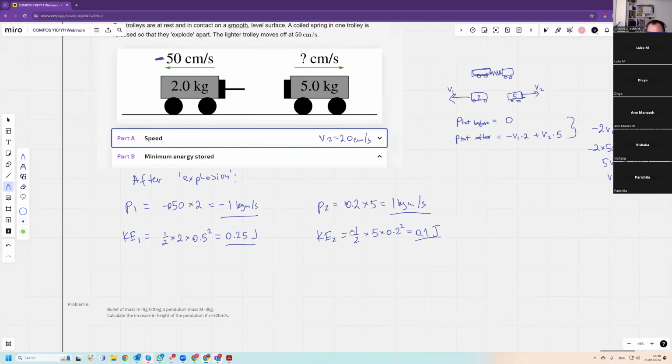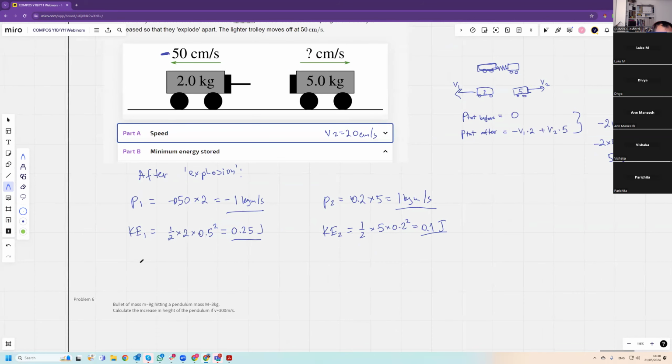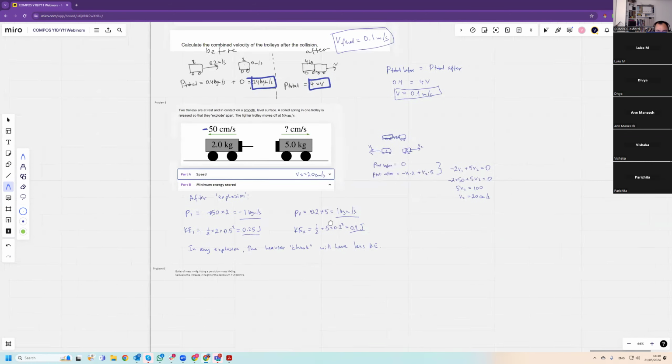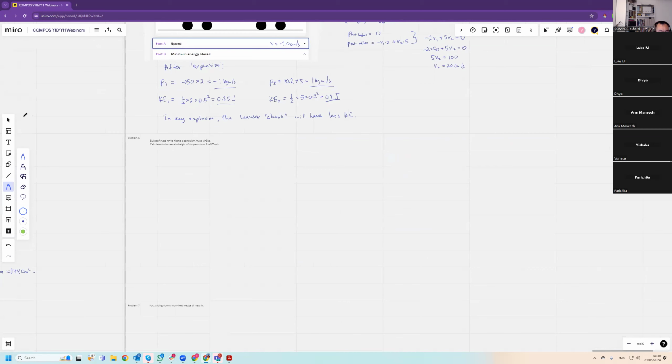In any explosion, the heavier chunk will have less kinetic energy. It's quite interesting because if you think about it, it has to be that way.